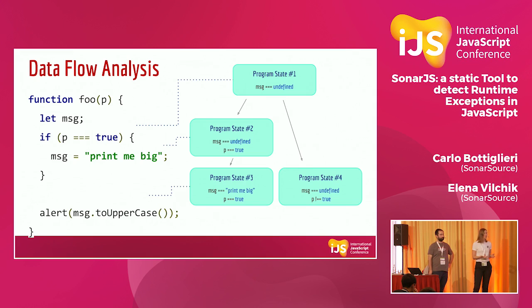And of course we will get the type error at the last point. An interesting detail is that not only do we know that message is undefined, which is relevant for this problem specifically, but we also know that p is different than true. So we collect everything, because you never know in advance what's going to be a problem: not just what is undefined, but also what you have learned from other conditions.